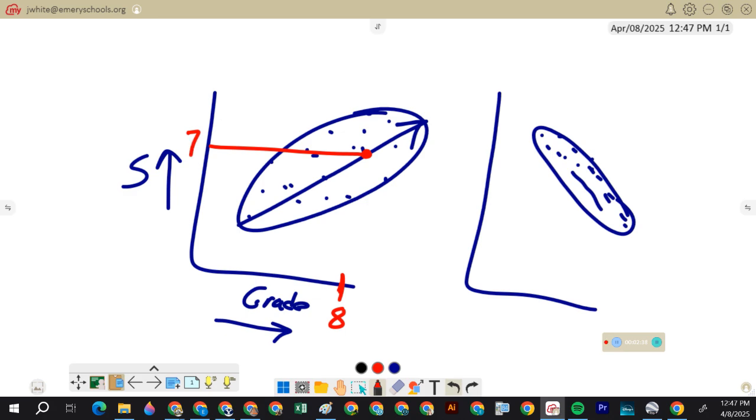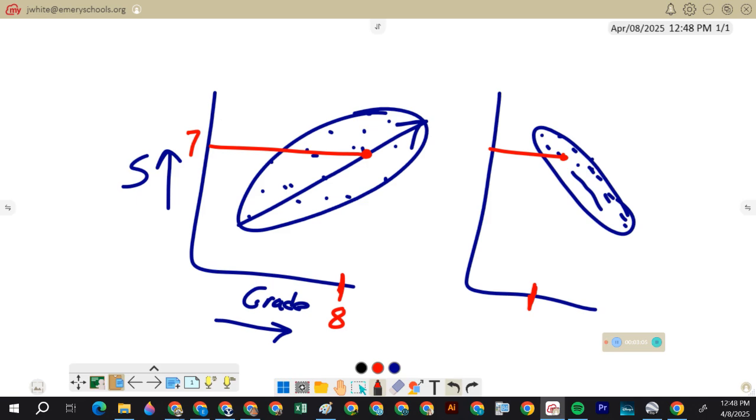And the more spread out the data is in the cloud, the less accurate your prediction is going to be. So over here, whatever data we have there, if I ask this question, then we would predict that level. And that prediction is probably going to be more accurate because there's less spread. The cloud is less football shaped.